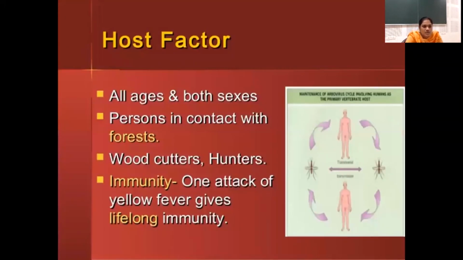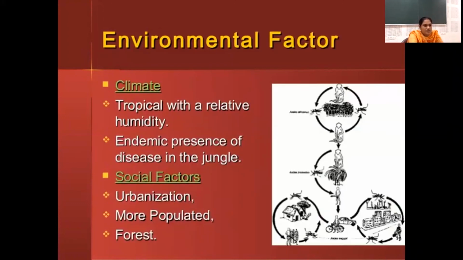The host factors: all ages, both sexes, and persons in contact with the forests, woodcutters, and hunters. Once a person is attacked with yellow fever, it gives lifelong immunity. The environmental factors are the climate, tropical with relative humidity, jungles, urbanization, and more populated areas near forests.